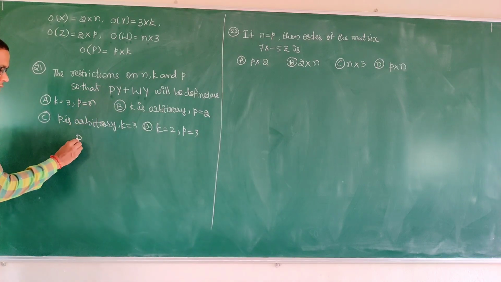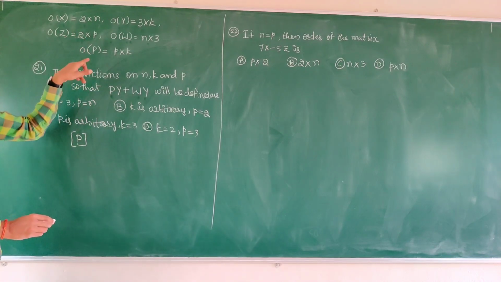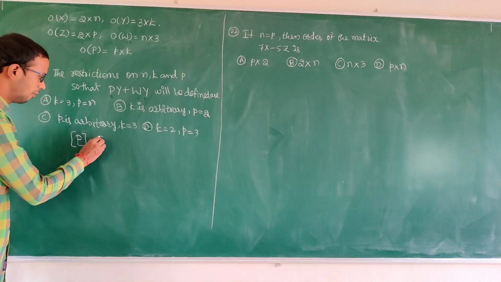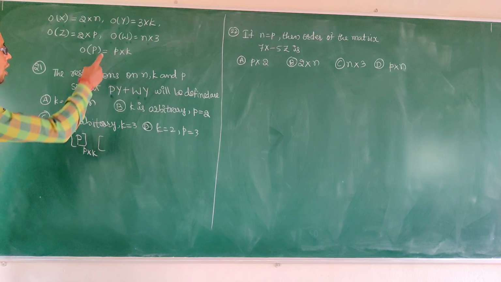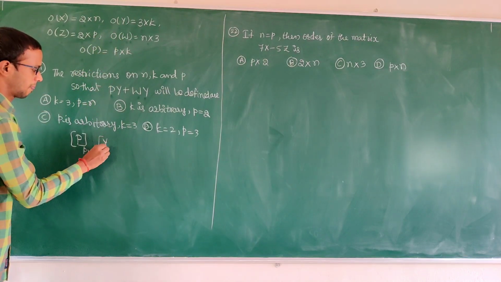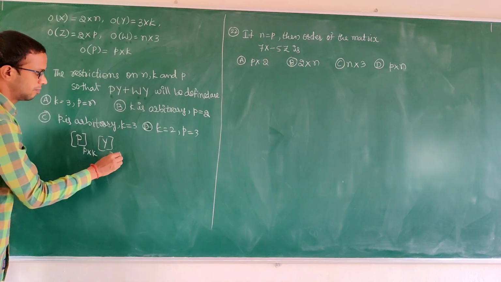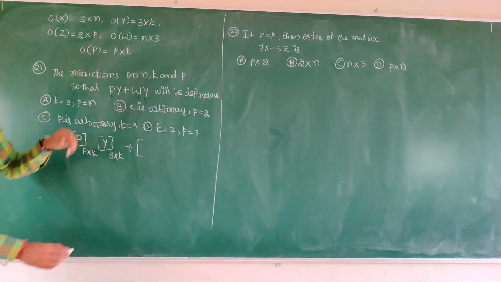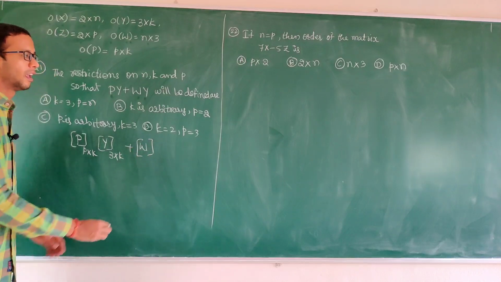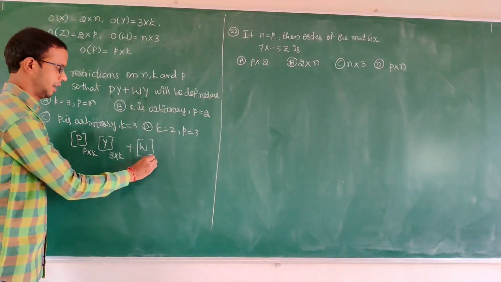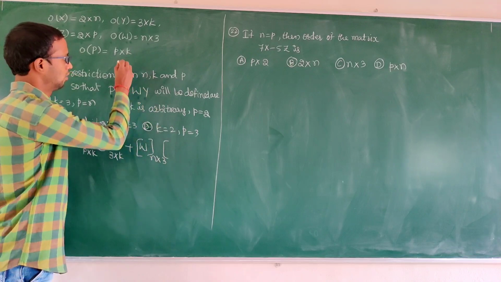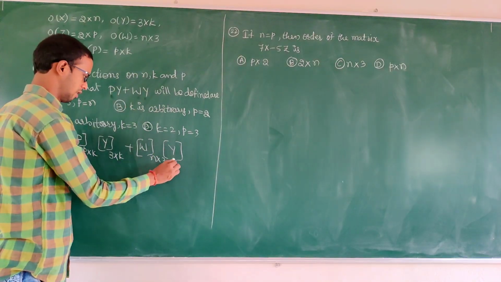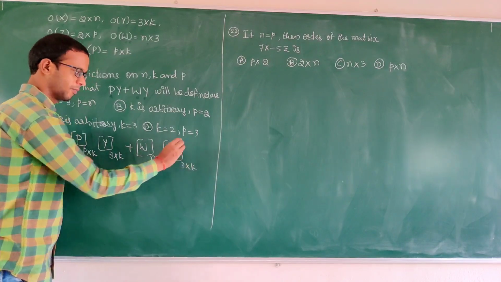So order of matrix p is p by k, y means what, order of matrix y is 3 by k, plus order of matrix w is n by 3 into, what is the order of matrix y? Order of matrix y is 3 by k.